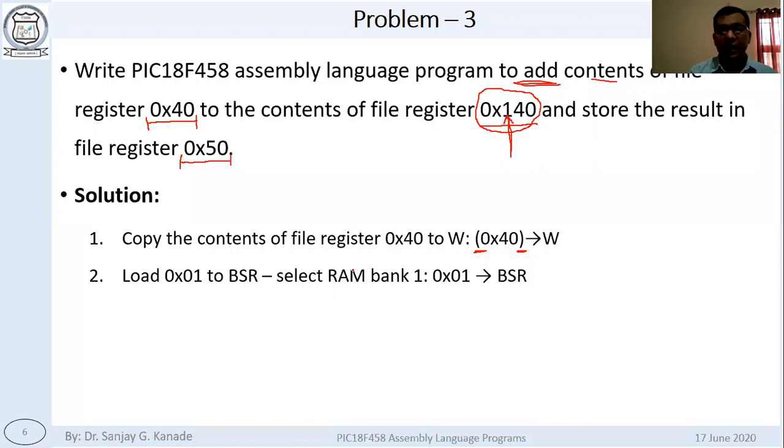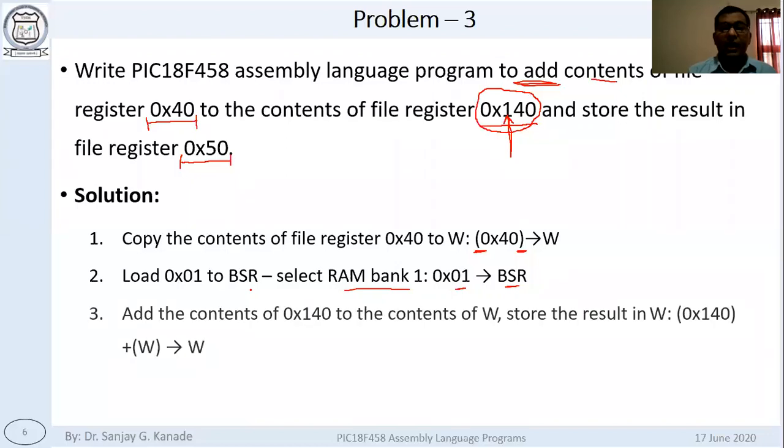So we have to select bank 1, RAM bank 1, by loading value 01 to BSR, and that is done by using which instruction? MOVLB instruction. We will see on the next slide. So what we have to do in the second step is load the value 01 to BSR, and then when we are adding the contents, we have to take care that we select the BSR mode.